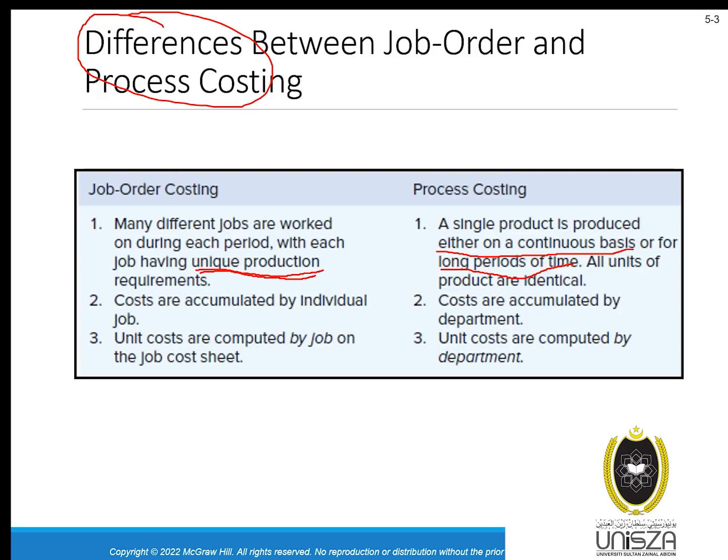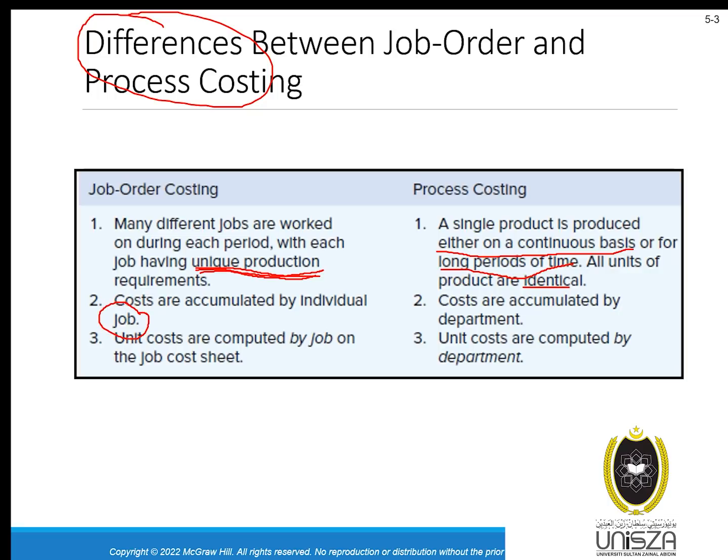So in contrast to job order costing, which has the unique characteristic of the product, process costing has the continuous basis and the product is identical. For job order costing, costs are accumulated by individual job.